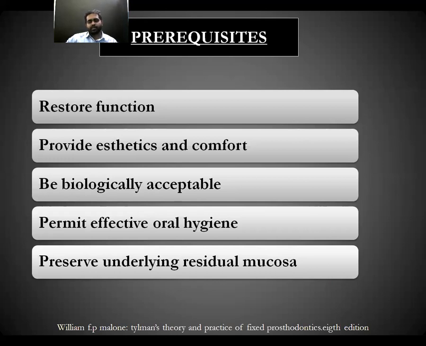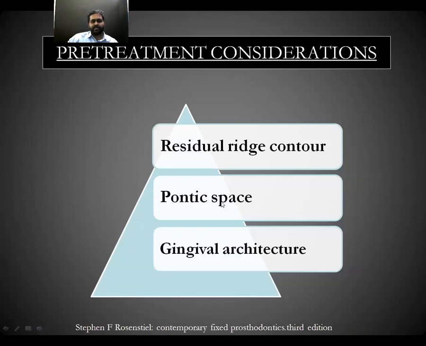It should permit effective oral hygiene. The maintenance of oral hygiene should be very easy, and it should be effectively maintained by the patient by himself, making sure that it is very easy to clean and maintain. It should also preserve the residual mucosa which is underlying your pontic area, the edentulous area underlying your pontic space. So basically, it should be maintained very nicely.